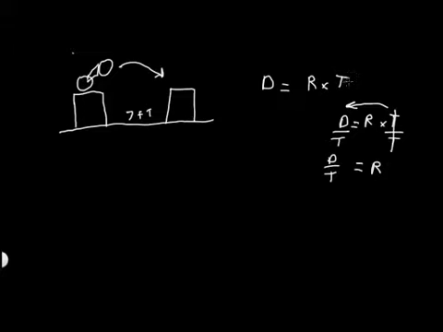And you do the same thing with t. If you're asked to find the t, you start with d equals r times t. You get the r over to the other side by dividing both sides by r. R divided by r is 1, so t is equal to d over r. And there you have the 3 different variations of this same equation.